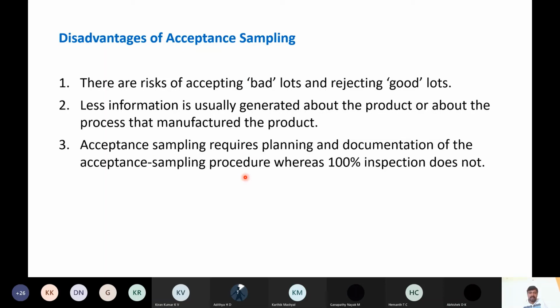How to eliminate bias? These are the considerations. Again, whether to go for a single sampling procedure, double sampling, multiple sampling, or sequential sampling. All this needs to be documented, and there must be justification for everything in acceptance sampling. Whereas in the case of 100% inspection, it is not required because you are inspecting all units of a lot.